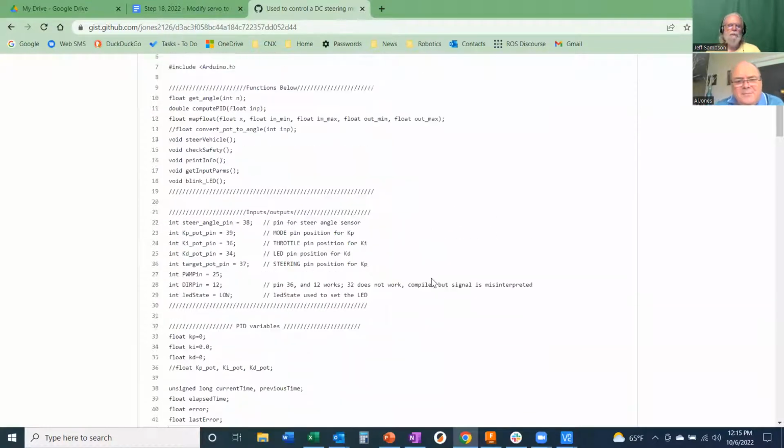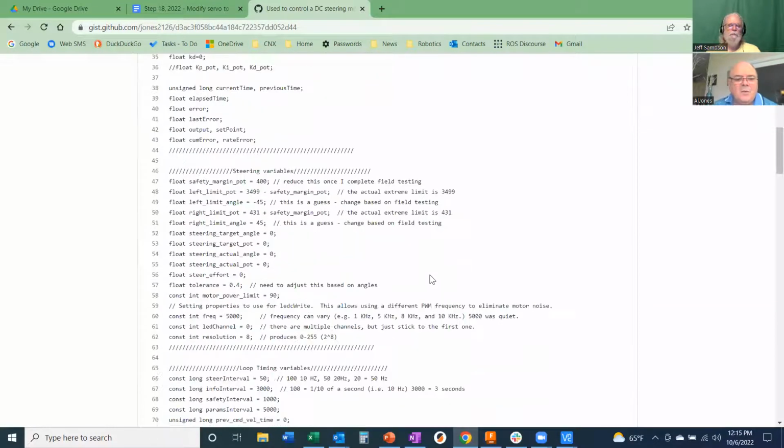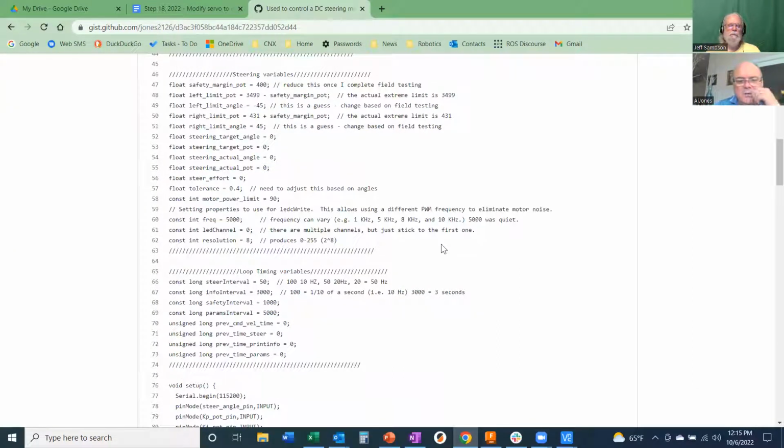Yeah, and the reason I'm pausing for a minute is one of the other changes I made since we last spoke was to try to use the ledc function to set the PWM frequency to try to get some noise out of the motor.